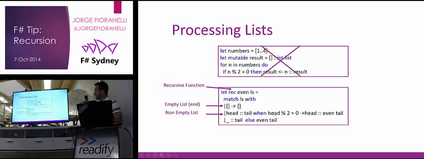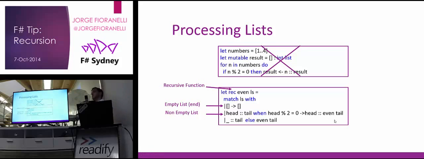But this line not only checks that you have a head and a tail, but also checks that the head should be even. So if you have a head and a tail, and the head is even, then what we do is return a head concatenated to a call to this same function, called even, but this time passing the tail.